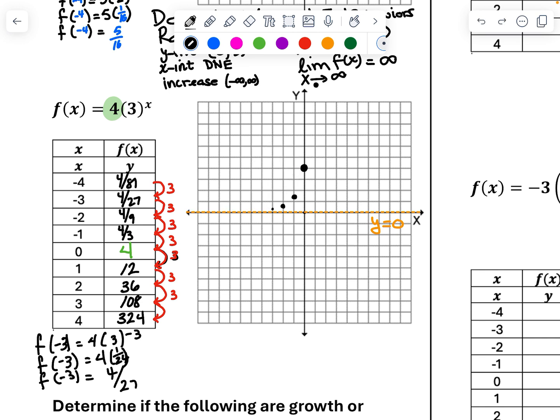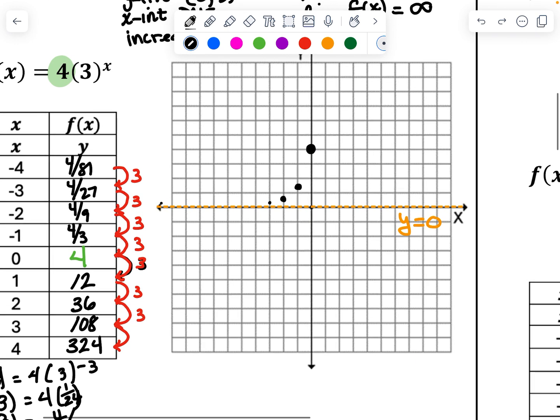I don't like the fact that that laid right on top of there. There, and then it's going to hit that point. Just don't like that at all. Let's make that a little bigger. Maybe I can hit it if I can see it a little better. There, I hit that point. It's going to go like that forever.